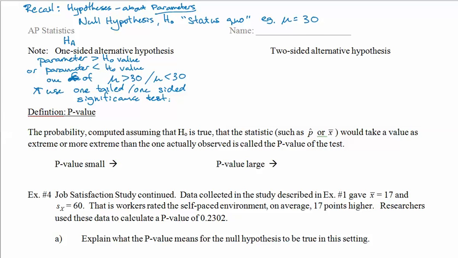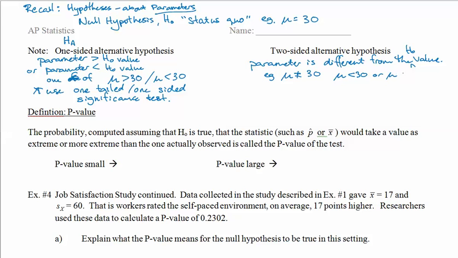A two-sided alternative hypothesis is when the parameter is different from the H0 value, the null hypothesis value. So for example, mu is not equal to 30. In other words, mu is going to be less than 30, or it's going to be greater than 30.